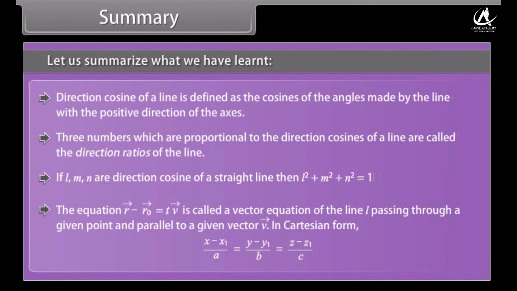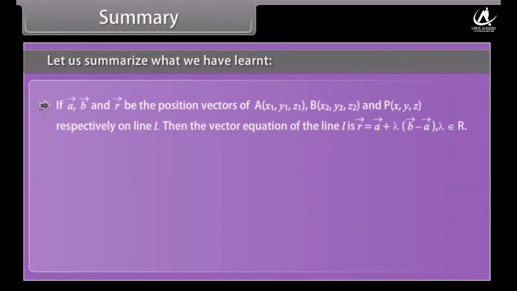In Cartesian form, if vectors A, B, and R are the position vectors of A, x1, y1, z1, B, x2, y2, z2, and P, x, y, z respectively on line L, then the vector equation of the line L is vector R equals vector A plus lambda into vector B minus vector A, where lambda belongs to real numbers.